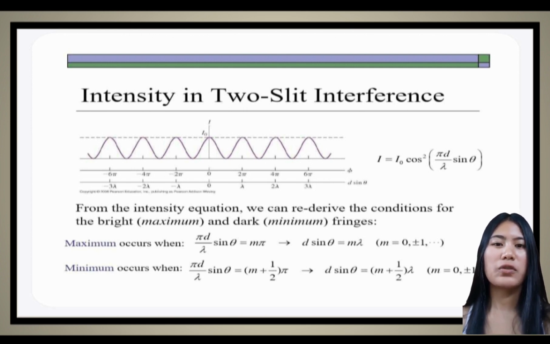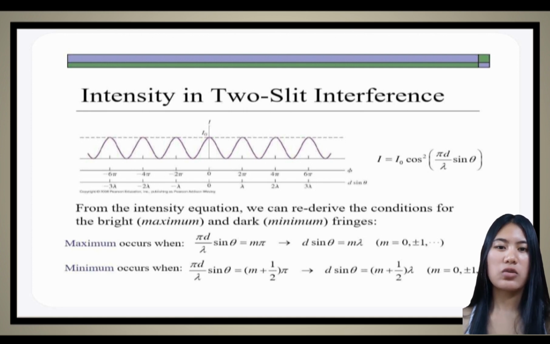It is determined by the superposition of waves from the two slits, leading to regions of constructive and destructive interference. The higher intensity corresponds to brighter regions where constructive interference occurs, while lower intensity corresponds to the darker regions with destructive interference.